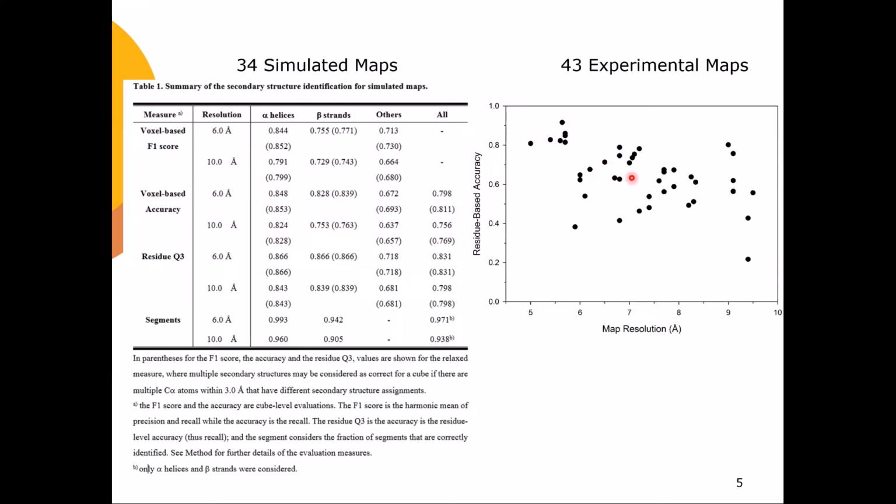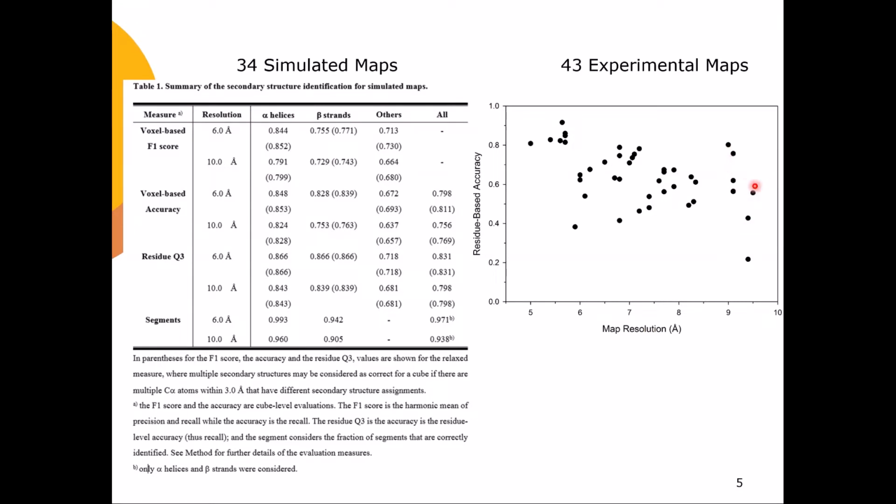So the accuracy doesn't drop that sharply relative to the map resolution. Up to about 8 angstrom, the accuracy is maintained around 60%. Occasionally it's higher. When it comes to 9 to 10 angstrom, by eye, it's very difficult to see the secondary structure at this level.